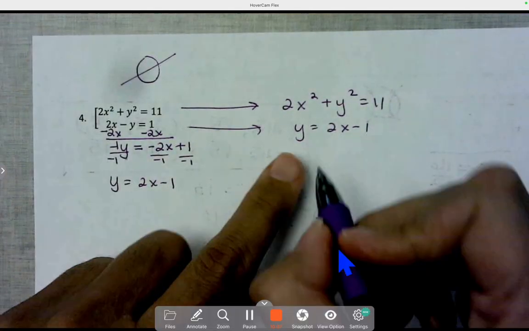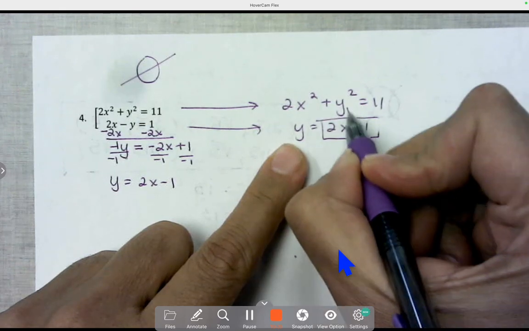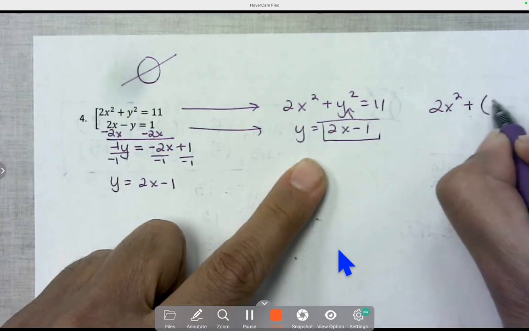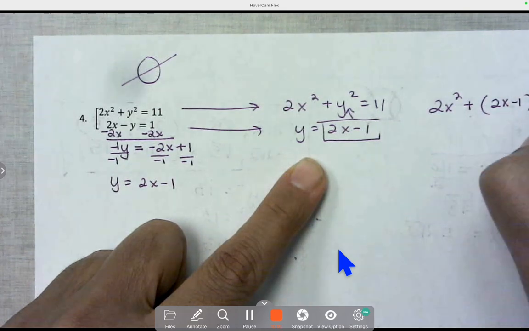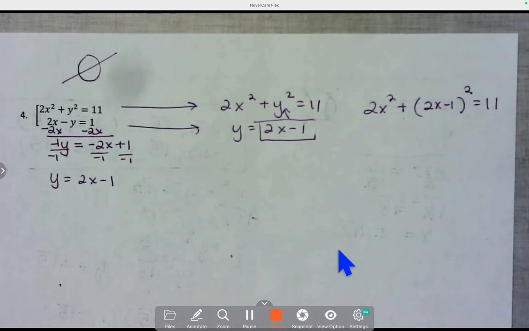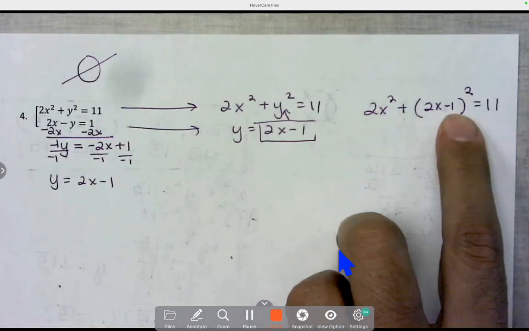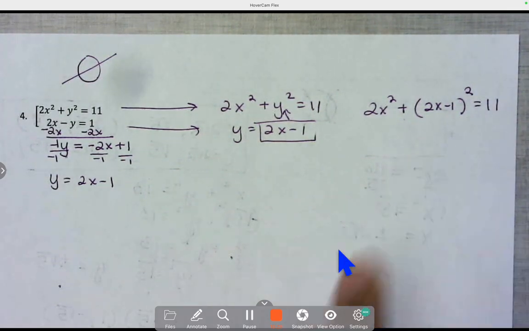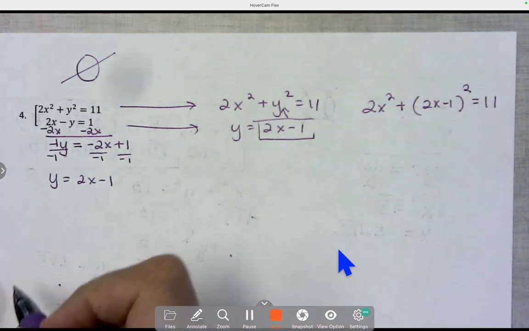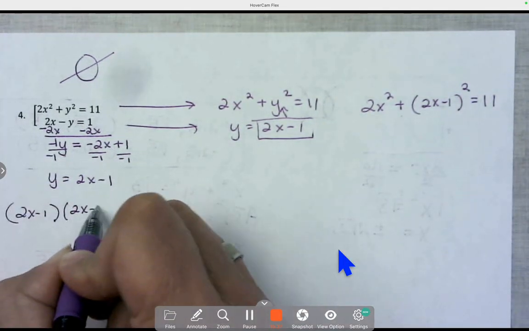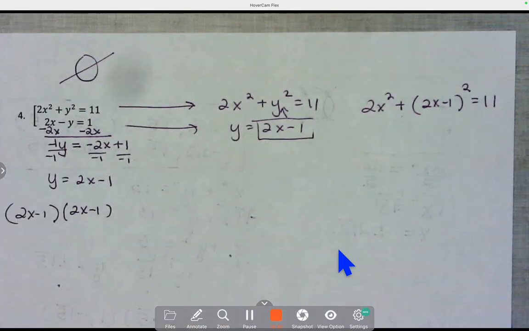So now we're going to take y, this is y, and we're going to substitute it in there. So we have 2x squared plus 2x minus 1 squared equals 11. Now remember, when you take 2x minus 1 and you square it, don't square each term and say it's 4x squared minus 1 or plus 1. That's not correct. You have to FOIL this. So 2x minus 1 times 2x minus 1.